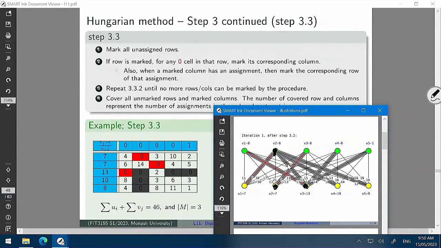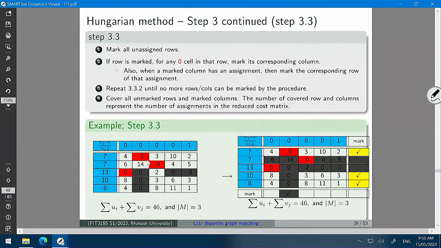There are no other zeros to assign, and I can't do anything more right now. Only my cardinality is 3. I need a cardinality of 5. So step 3.3 is towards that goal. I've done the assignment.